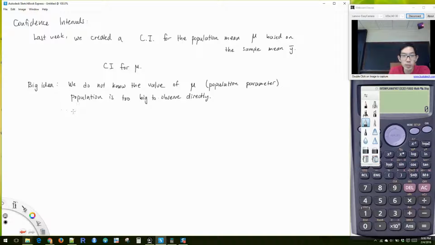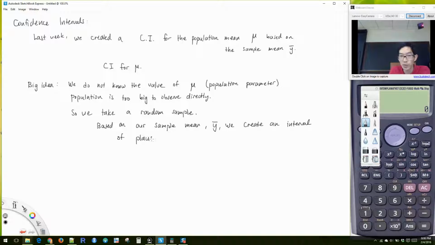Okay, but so we take a random sample. Okay, and based on our sample mean, y bar, we create an interval of plausible values of mu.